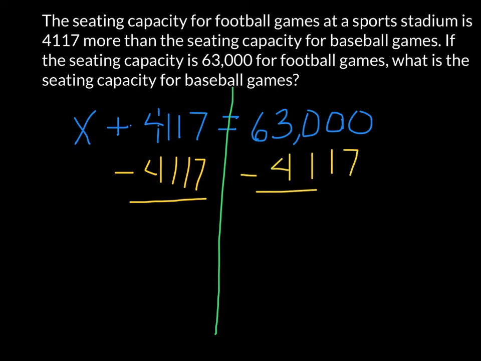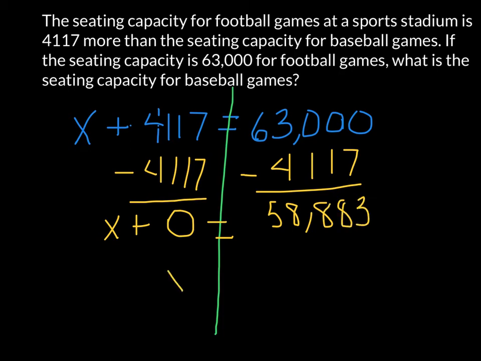On this side, I'm going to get 0. So I have x plus 0 equals, now over here when I subtract, I get 58,883.